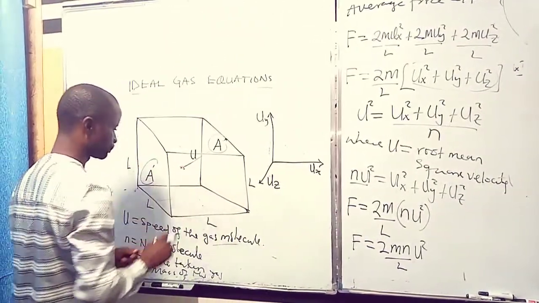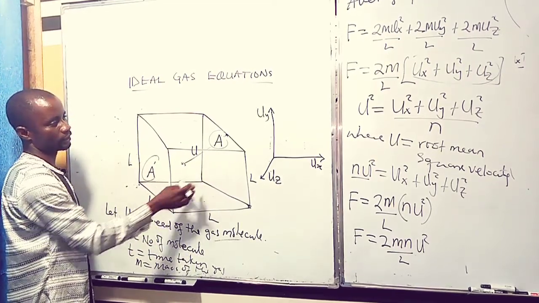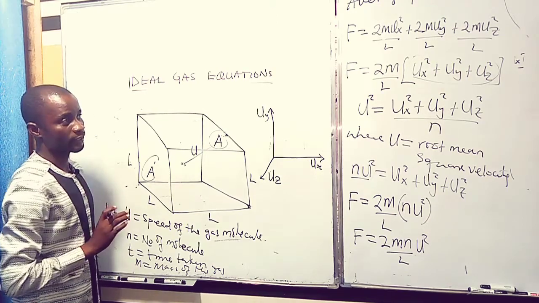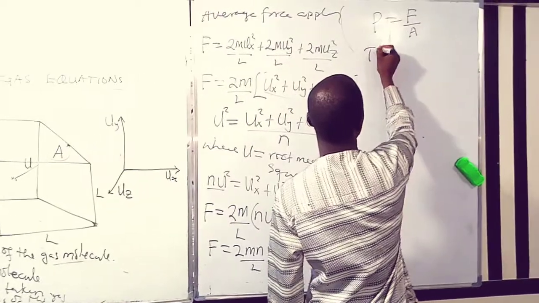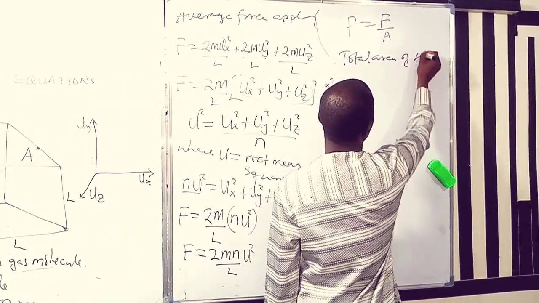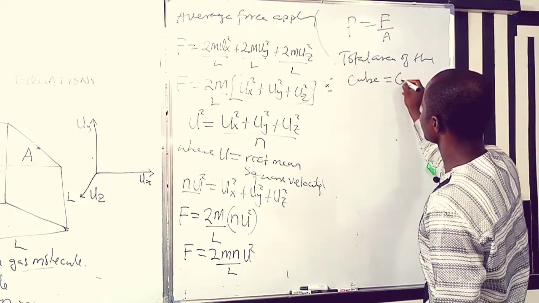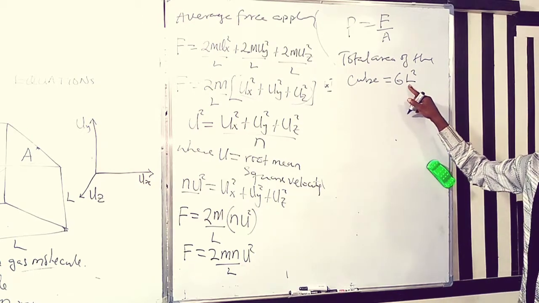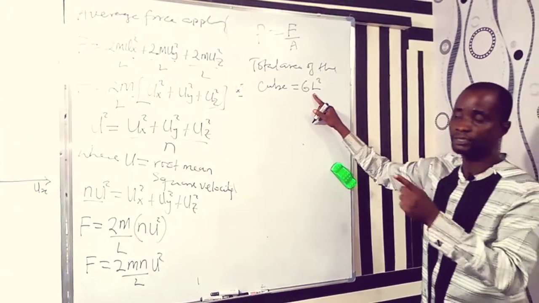The area of the cube. Remember that a cube possesses 6 surface areas. Therefore, the total area of the cube is equal to 6L squared, because L times L is the area of one surface, and the cube possesses 6 surfaces.